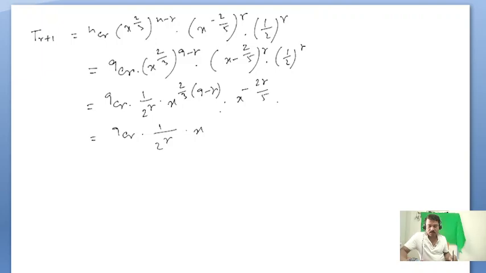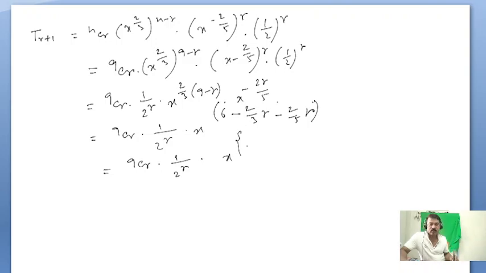Here x to the power 6 minus 2/3 r minus 2 by 5 r, equals 9Cr (1 by 2) to the power r into x to the power (6 minus (10r plus 6r) divided by 15).